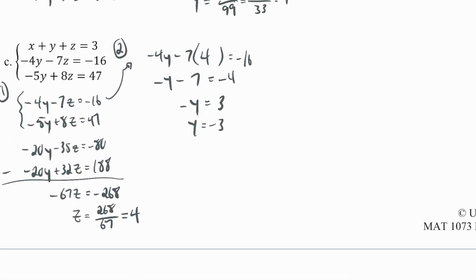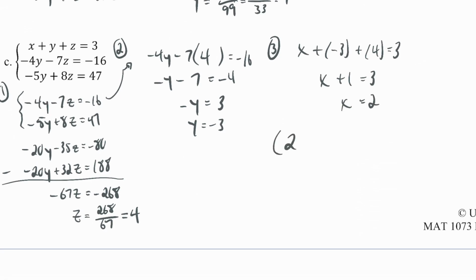So I can take that top equation. This is step 3. x plus, well, y is negative 3, and z is 4 equals 3. So x plus 1 equals 3. So x equals 2. So I get the ordered triple 2, negative 3, 4.